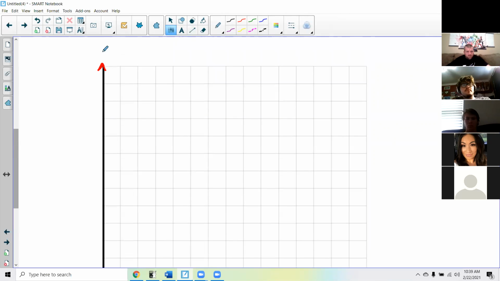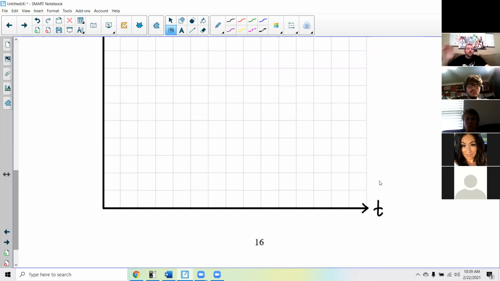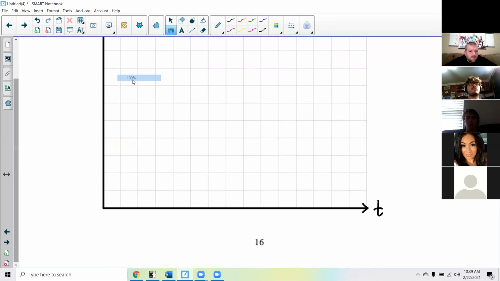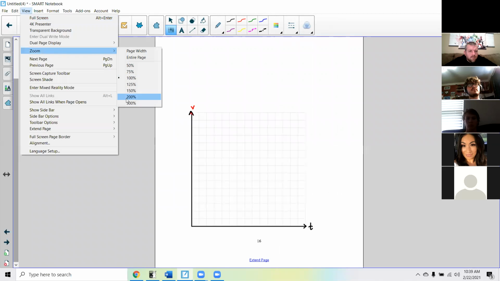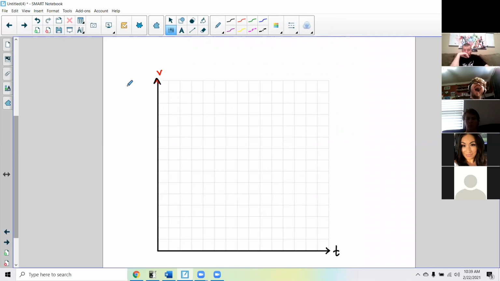This is value, and then this is going to be years, T. Let me see if I can zoom out so you can see this whole thing. Maybe that's good enough. I'm only concerned with 3 points: where they start, both lines, and then where they intersect.